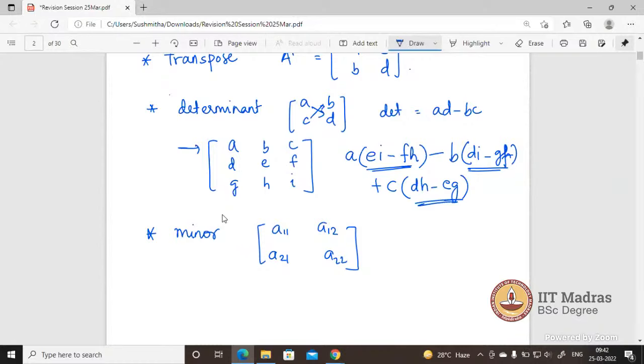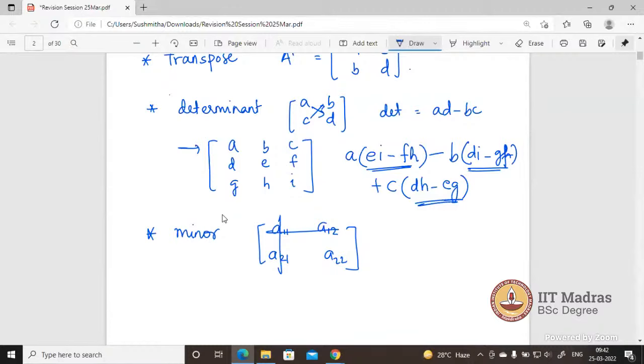So the minor of any element is nothing but: remove the row and column where it appears, and whatever remains, you find the determinant of that portion. So if it's a 3 cross 3 matrix, the minor of an element would be the determinant of a 2 cross 2 matrix, right? Yeah.